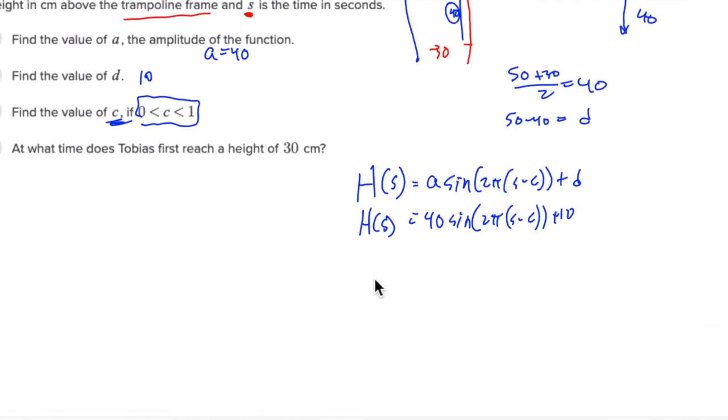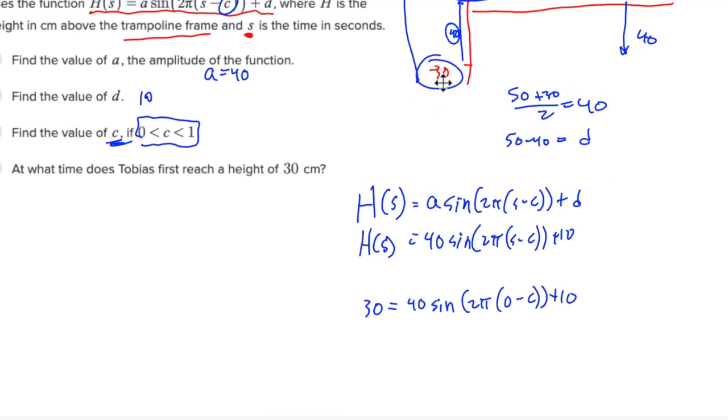So what we can do is say negative 30 equals 40 sine 2 pi (0 minus c) plus 10. And then we'll just use algebra, just like the other problem, to solve for c. Just one more thing.